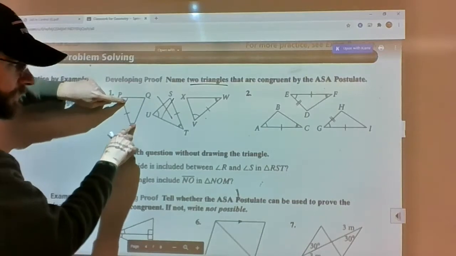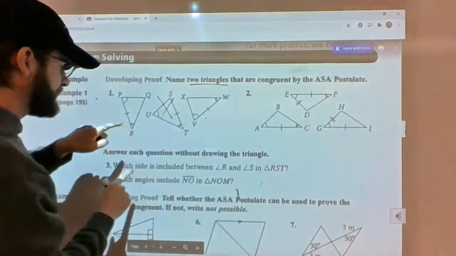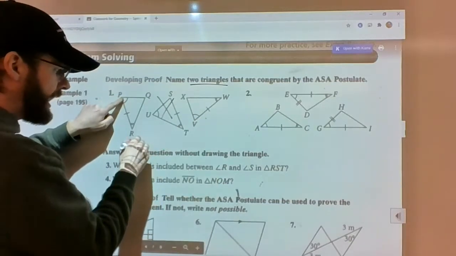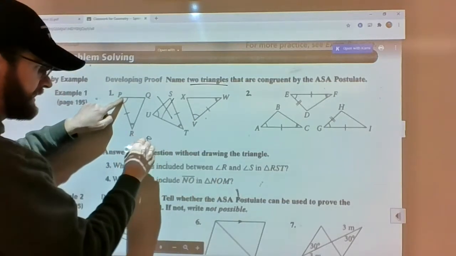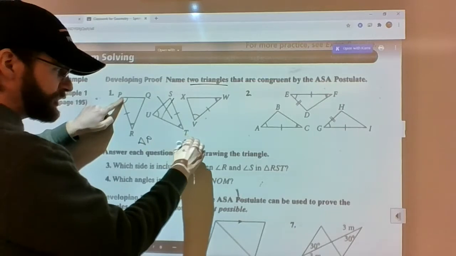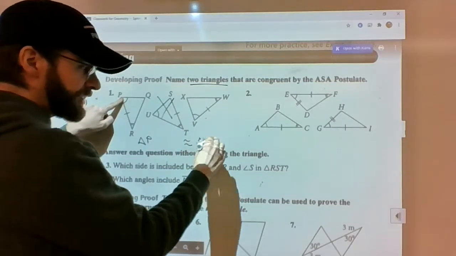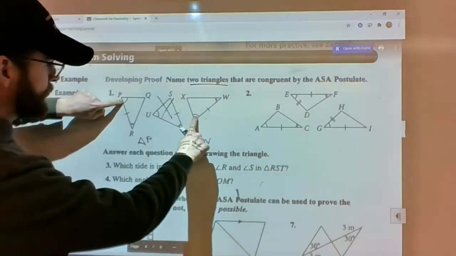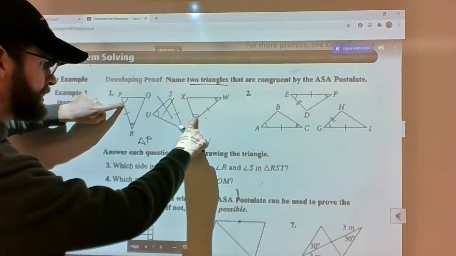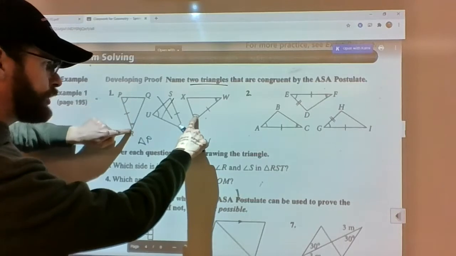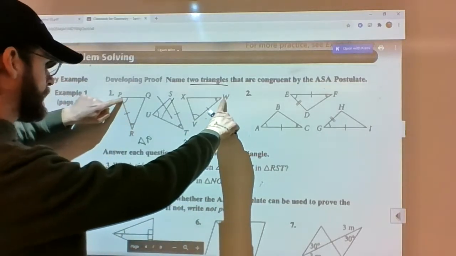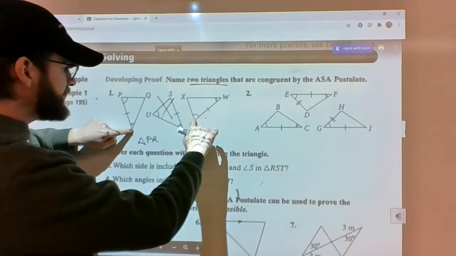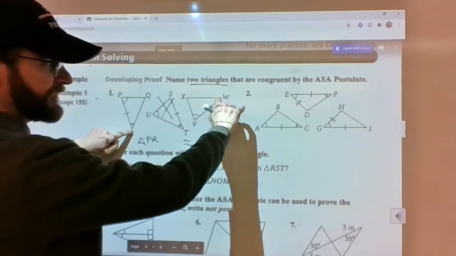This triangle is congruent to that triangle because angle is congruent to angle, so triangle P is congruent to triangle V. This is how we're going to start it out with because I'm just starting out with the one little dome right there. Now we move on to the side that's included, so you're going from P to R, which means you're going from V to W. See, the R and the W, they correspond.